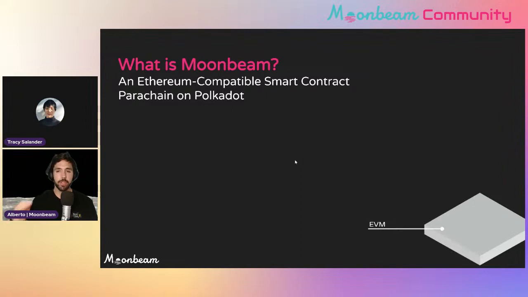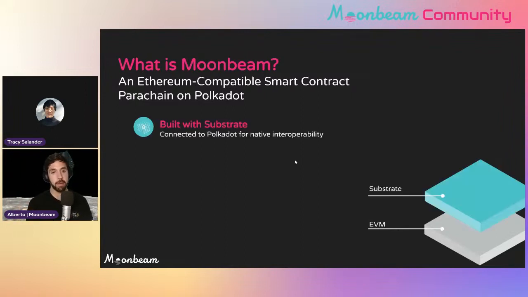But Moonbeam provides a lot more than just the baseline EVM implementation. First of all, it is built with a framework called Substrate. Basically, this allows you to very easily connect to Polkadot for native interoperability, as we discussed before. But also, what's really cool about Substrate is that it allows you to make a custom blockchain, right?